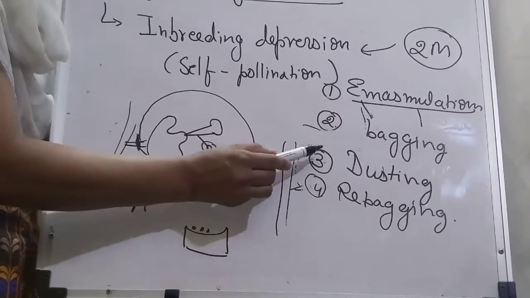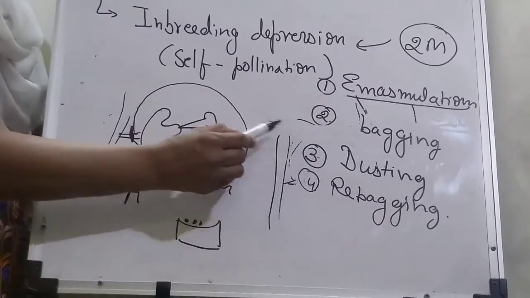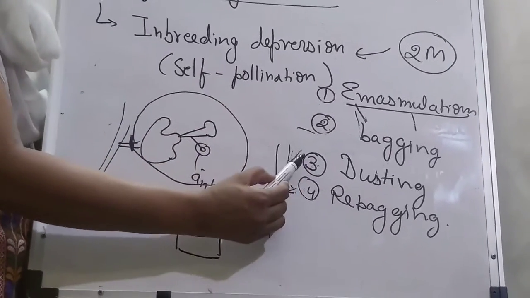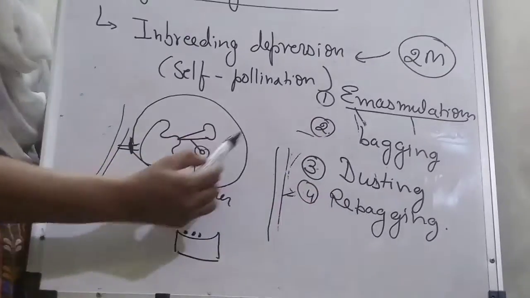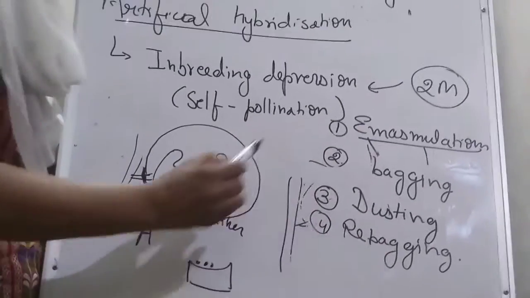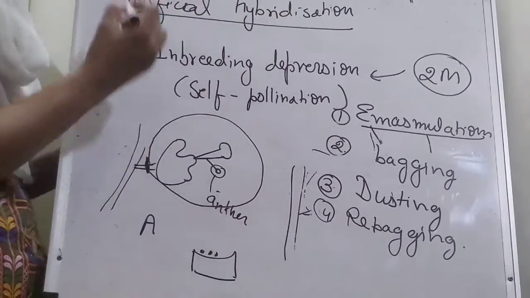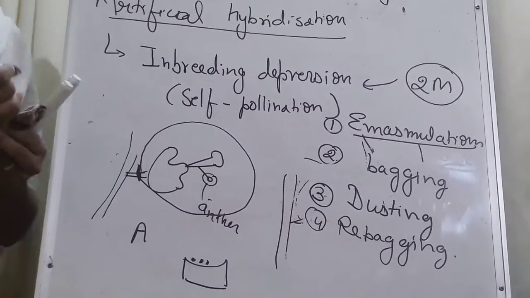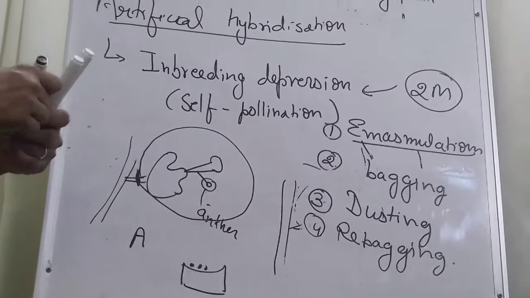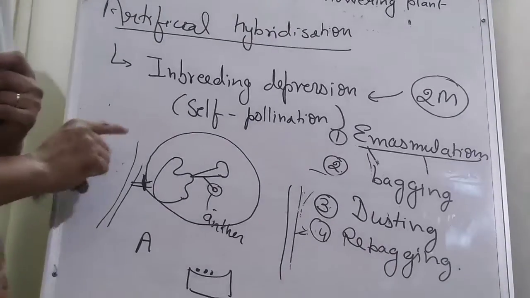Then the desired pollen is dusted onto the specific flower with a brush. Then rebagging. This is the way we can mix specific species and overcome the problem of inbreeding depression.